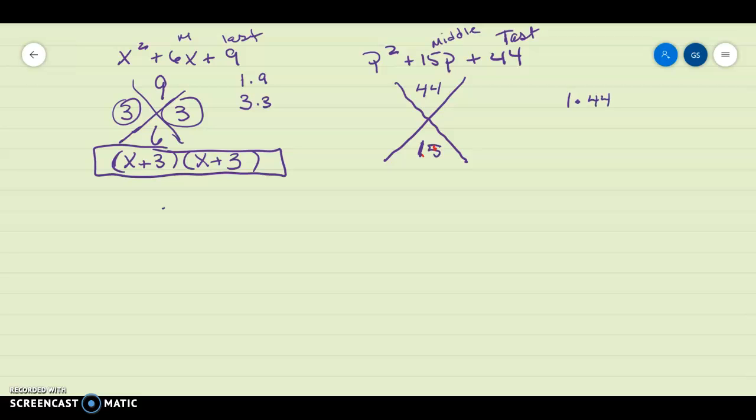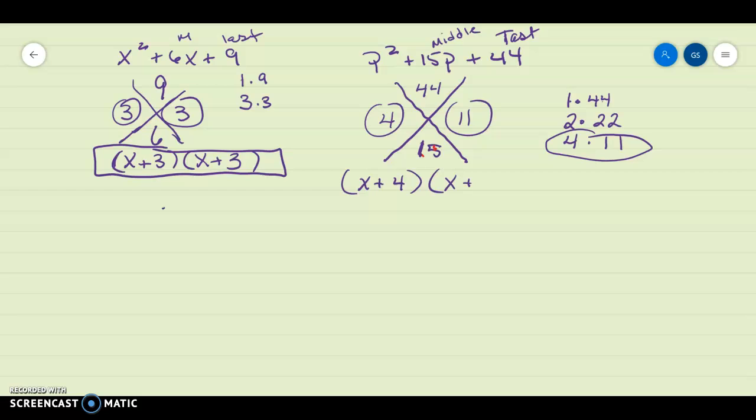We're specifically looking for the factor pair of 44 that will also add up to 15. So 1 times 44, 2 times 22. I don't think 3 goes in. 4 times 11. That might be it. As I'm going, I should be thinking 1 plus 44, that's not 15. 2 plus 22, that's not 15. 4 plus 11 is. So my 4 and my 11 are what go in the left and the right. So my left binomial is going to be p plus 4, and my right binomial is going to be p plus 11.